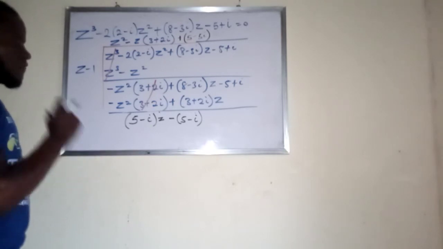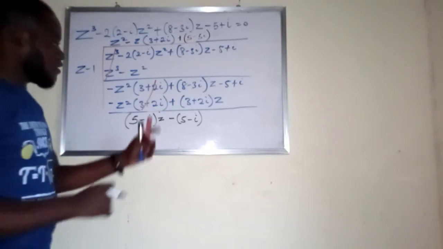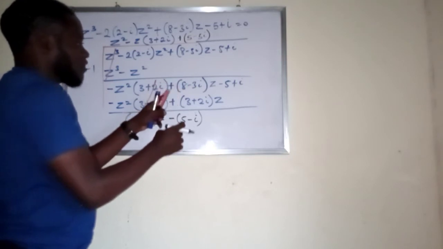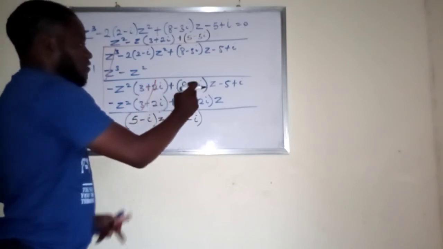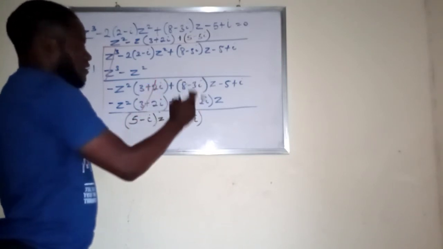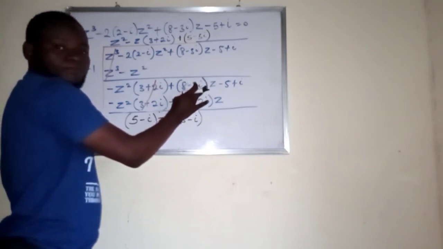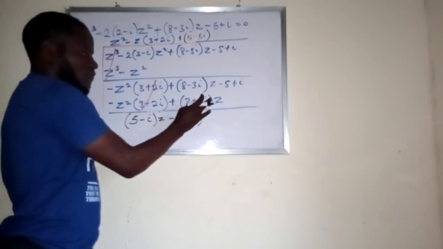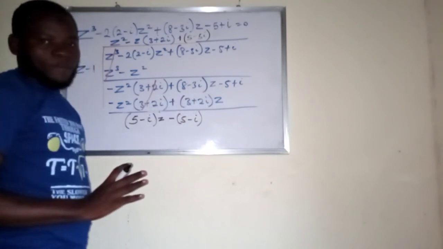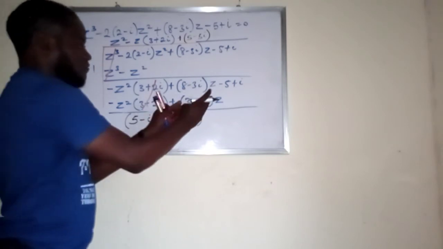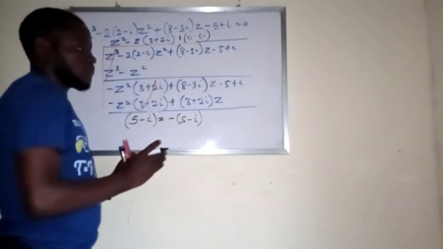Okay, if this should be the case, well, if you don't understand, this one now is 8 minus 3i. Then we just want to subtract the entire of this from here. Not that the negative will affect this, no. Is that taken now? We are already subtracting this function from this.